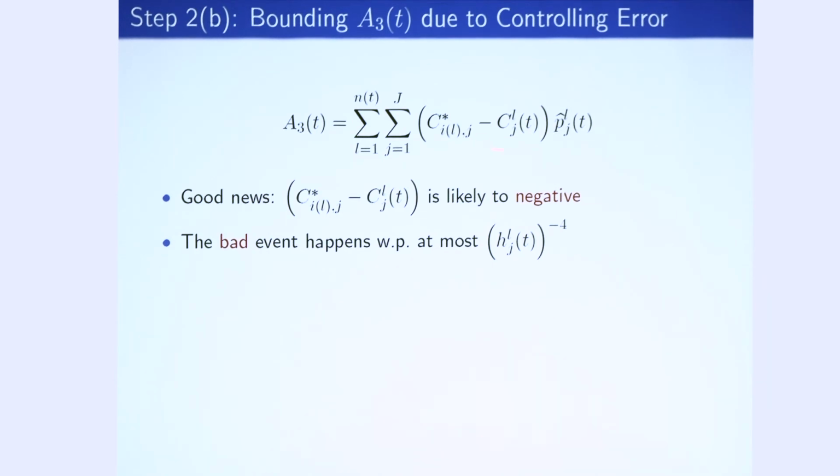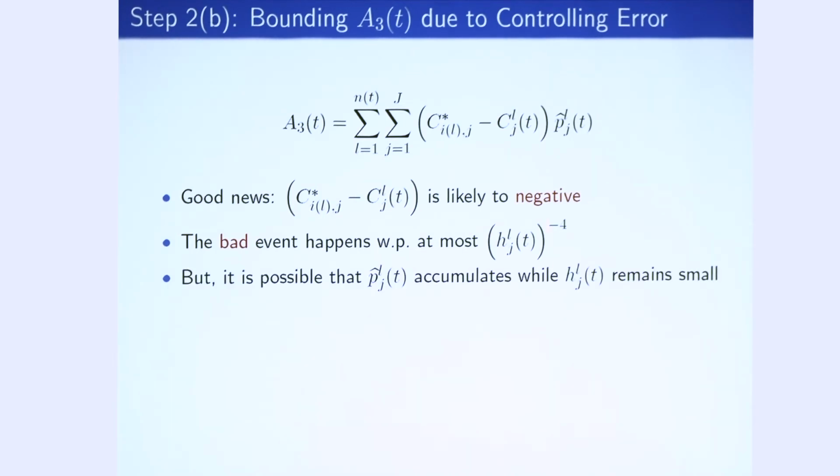But now you multiply the error times the p hat, which is the ideal assignment, not the true assignment. So it is possible that this p hat accumulates, but this h remains small. In this case, both of the terms could be large. So this A3t could still be unbounded.